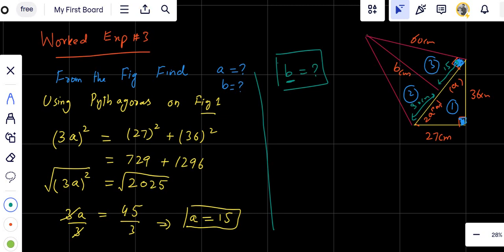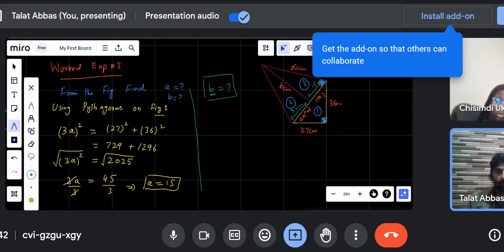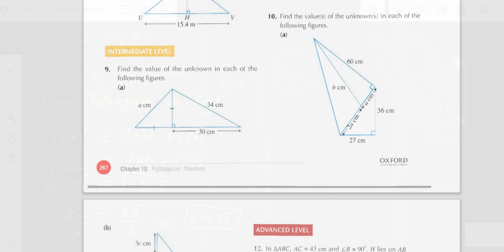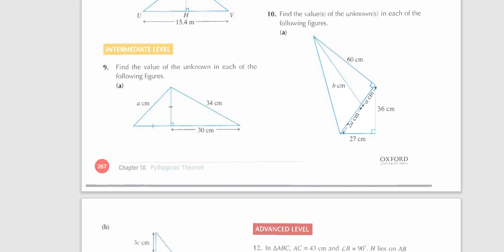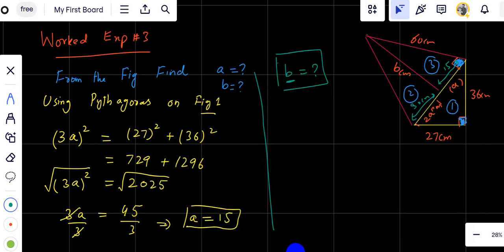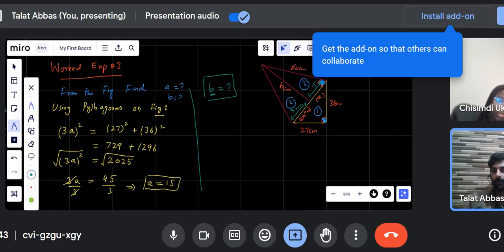And the second reason why we should not use this triangle 2 is, we are not sure about it, even it is a right triangle or not, as we are not given here that any angle is of 90 degrees. You got my point? Yeah.